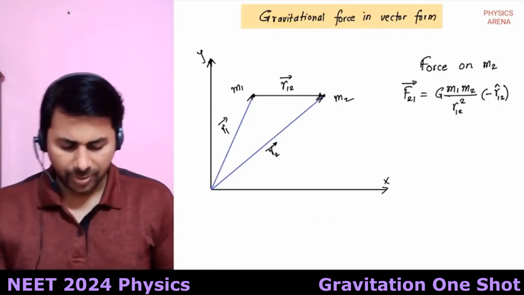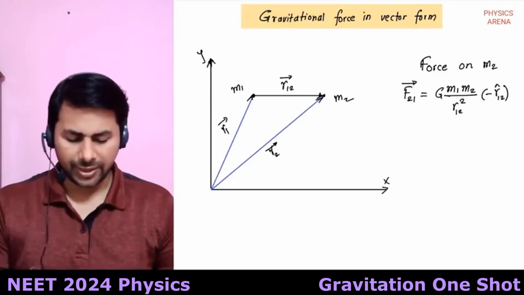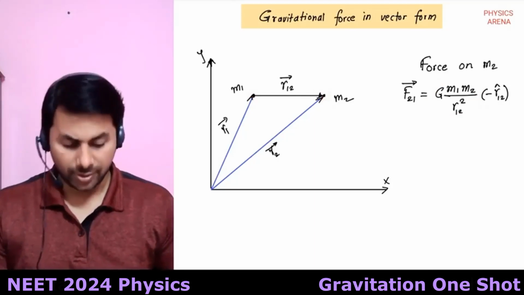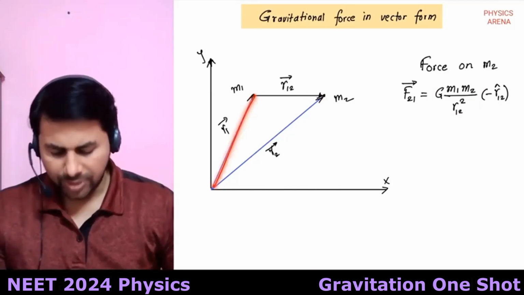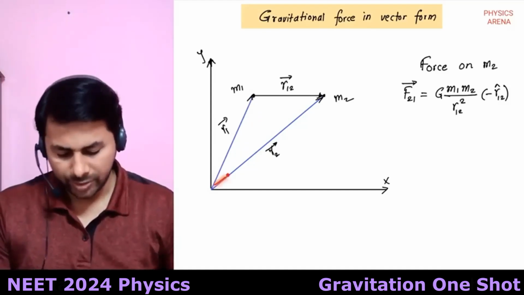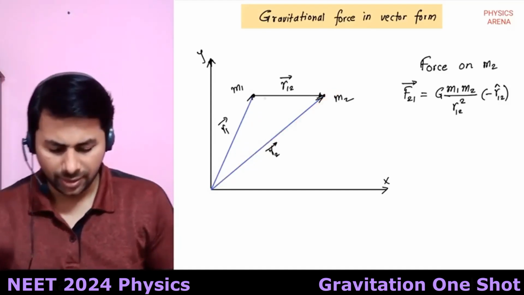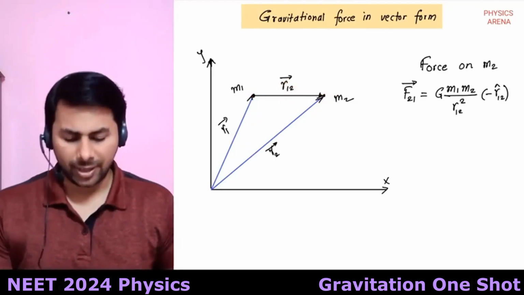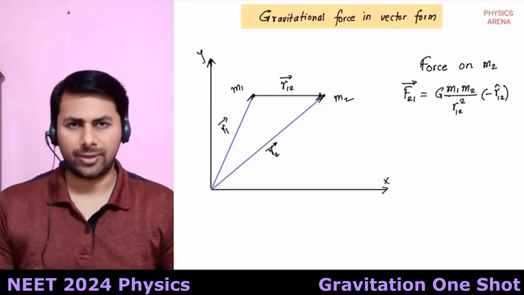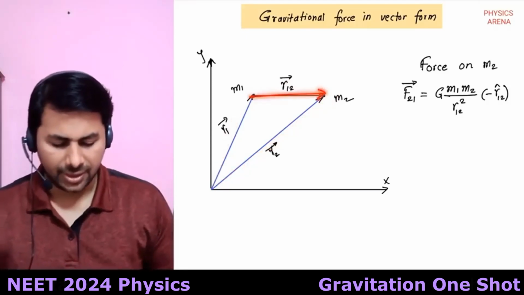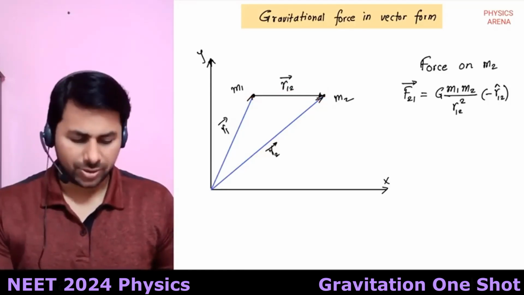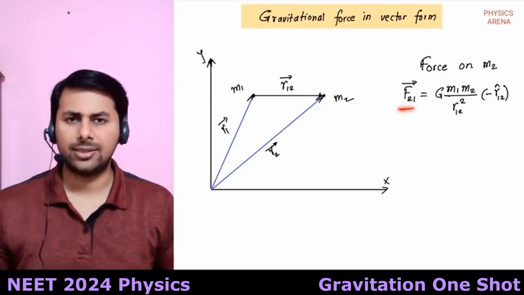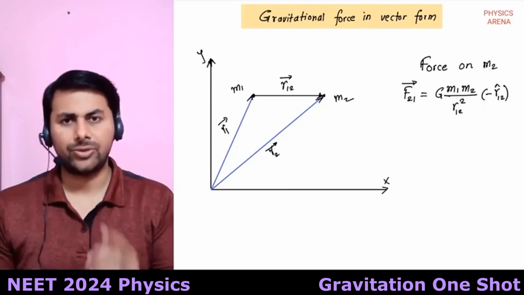And we can write this formula in vector form. How can we write it in vector form? See, the magnitude will be the same. Suppose you have this mass and this mass. The position vector of this mass is r1 bar, the position vector of this mass is r2 bar, and now you have this vector, r12 bar. What is r12 bar? It is r2 bar minus r1 bar, which is directed like this. And now you want the force on m2 due to m1. It is written like this: F21 bar, force on 2 due to 1.